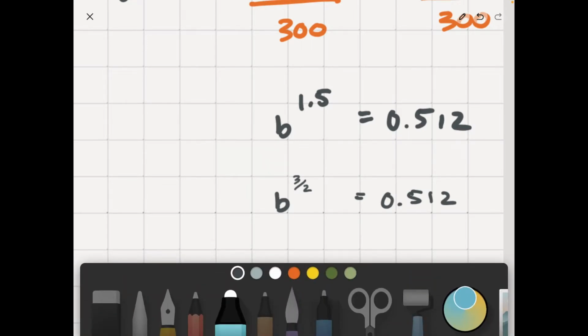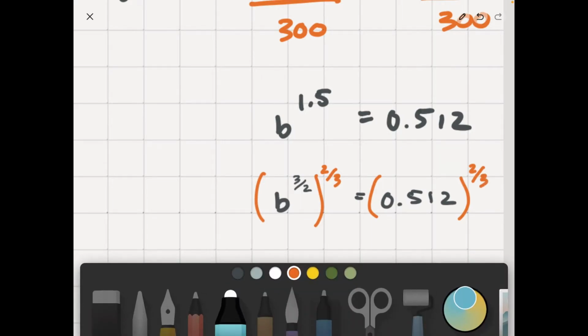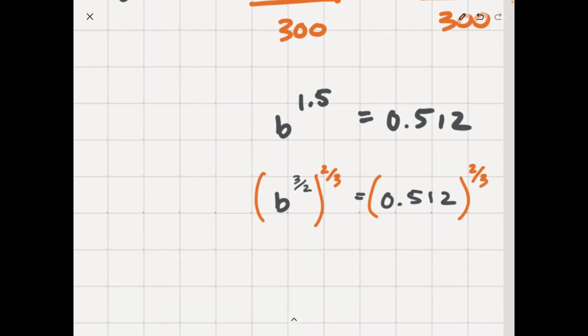Well, that would be to raise this to the 2/3 power, right? The reciprocal of that. And I'll do the same over here. So whatever I do to one side, I have to do to the other. And something nice happens. b to the 3/2 raised to the 2/3 is equal to b.